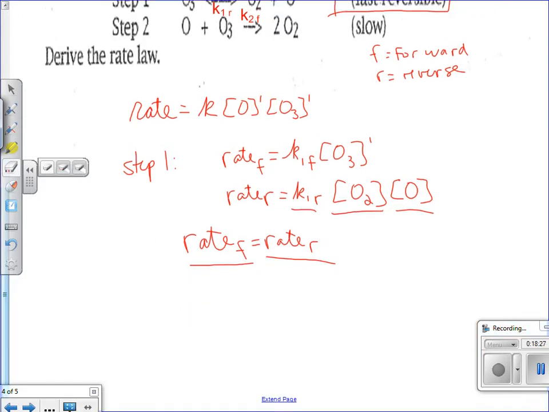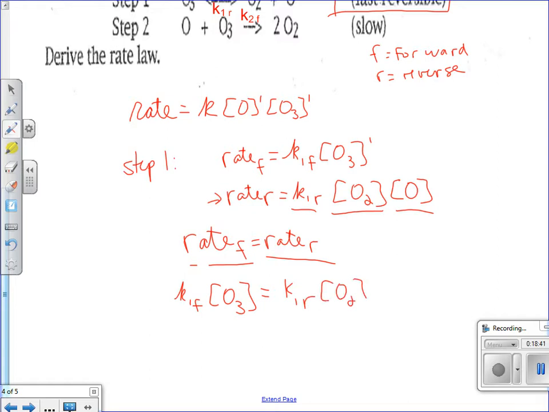So I'm going to just plug in what I have. My rate forward is K1 forward O3. My rate reverse right there, K1 reverse O2 O.